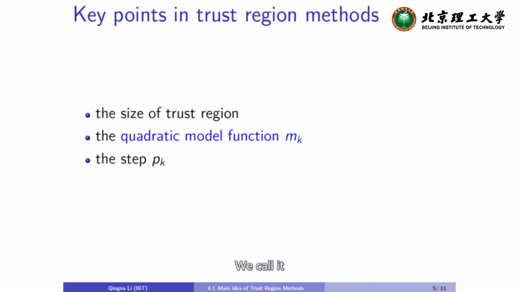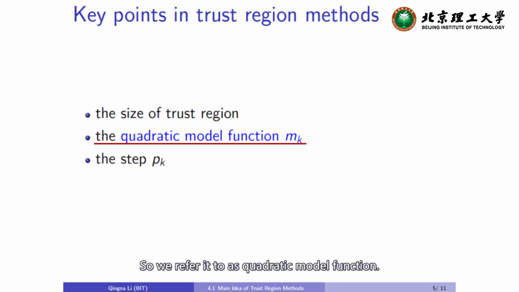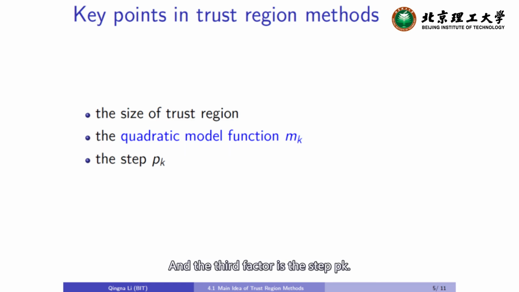We call it the quadratic model function, because naturally we will use a quadratic function. And the third factor is the step pk. The step means that I jump from the current iteration directly to the next iteration. So the difference between the two iterations is called a step.